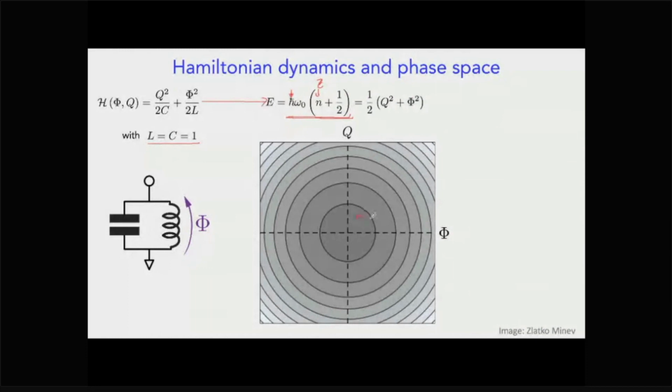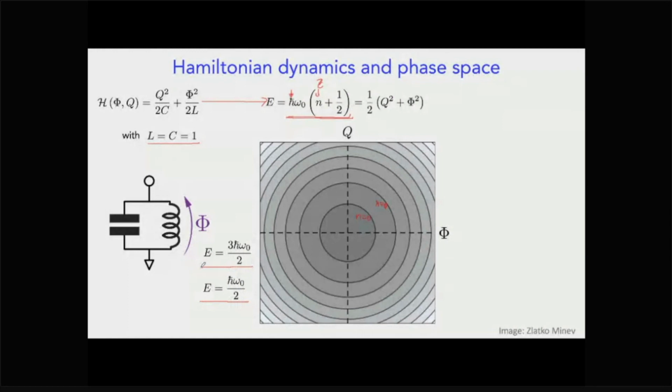So the very first circle here corresponds to n equals 0, or as we'll see in quantum, that will be the ground state. N equals 1, 2, and so forth. In other words, each of these rings corresponds to one more excitation of energy in the circuit.